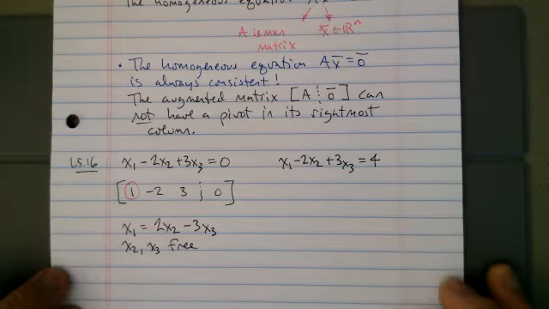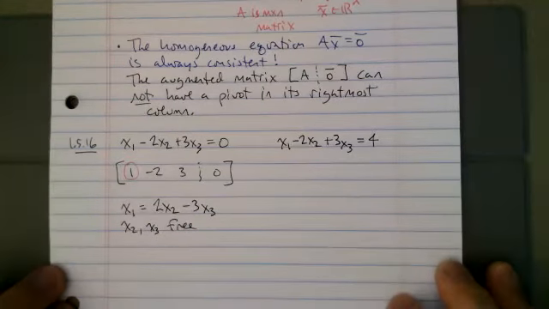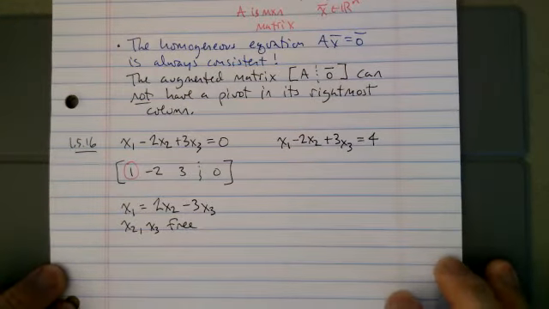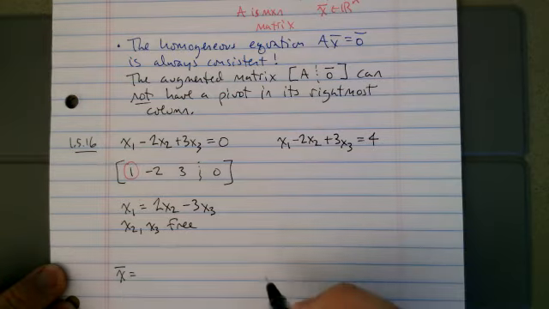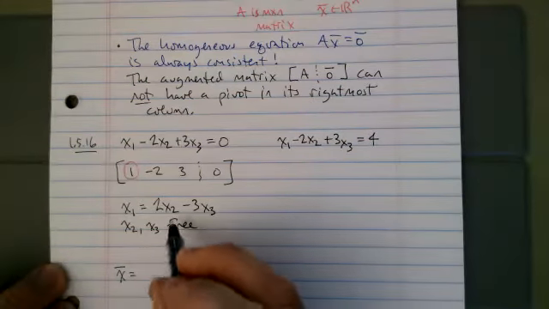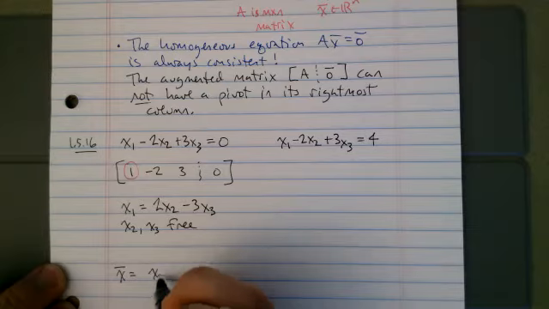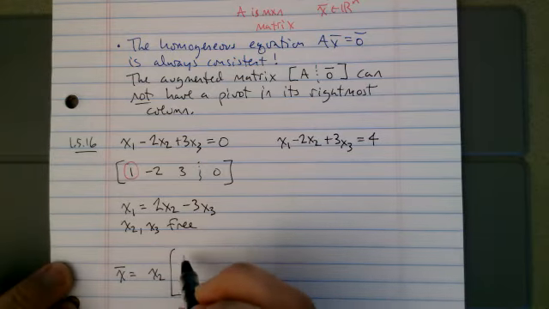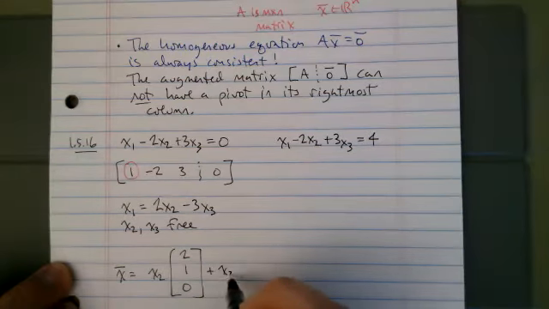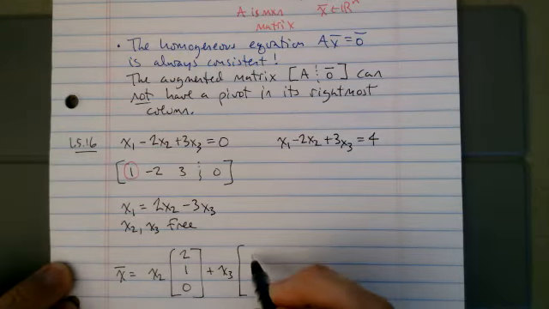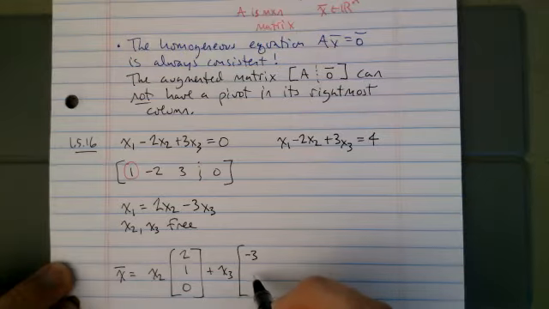If I look at this solution set in parametric vector form, we're going to get a plane in R3 because we've got 3 entries. So x1 is 2x2, x2 is 1x2, and x3 has nothing to do with x2. Then the x3 column will be x1, which is -3x3, x2 has nothing to do with x3, and x3 is 1x3.